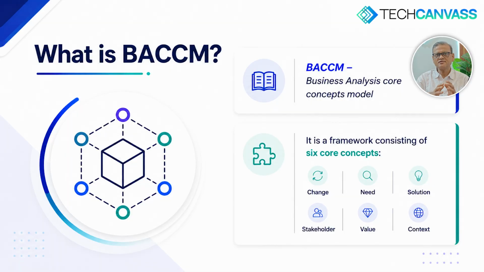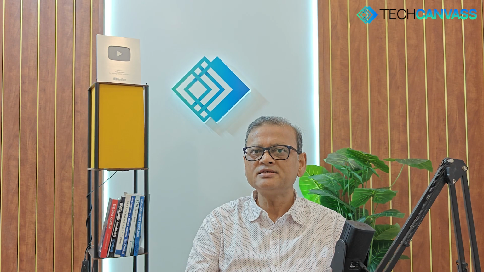Now, these 6 terms are part of a framework which helps business analysts talk about a project in common terms, not only internally or within the business analysis community, but also with the client. That we'll see when I take up a real life scenario.